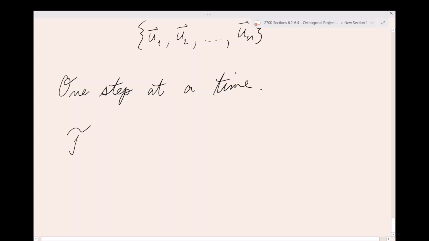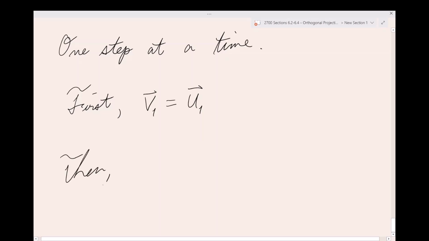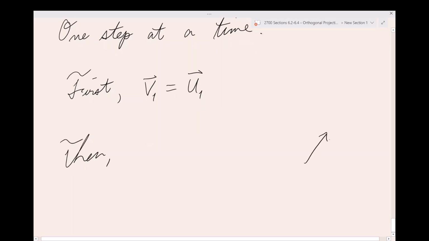First, we didn't say we care exactly which directions all these vectors are pointing in. We just care that they're all perpendicular to each other. So first thing I could do is just let my first new vector be the first old vector. Don't do anything with it. Right? Then, now this is my v1. It's the first vector of my new basis.